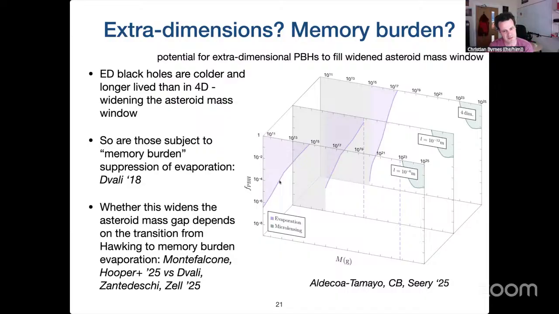But it's unclear if this also widens the mass window or not, because it depends on the transition from Hawking to memory burdened evaporation. And the initial idea was, well, these basically become very stable and hence they're dark matter candidates. But we have very precise constraints, not just today, but also from the CMB and from Big Bang nucleosynthesis. And evading those constraints over all of those timescales becomes very difficult.